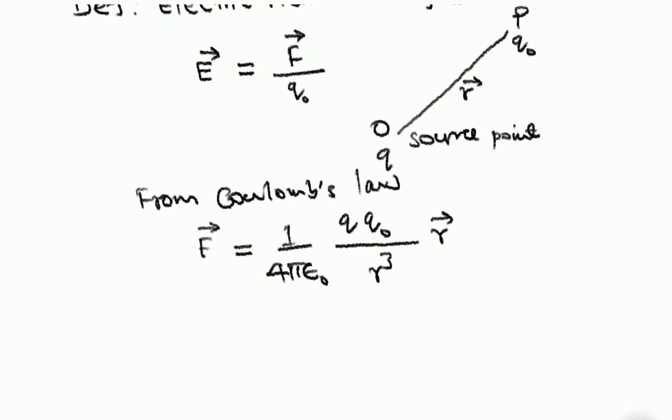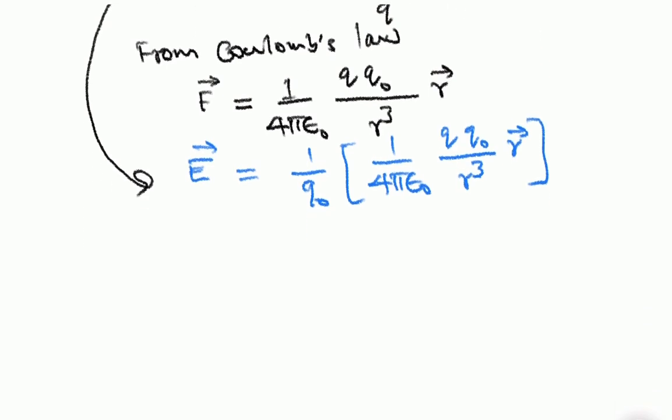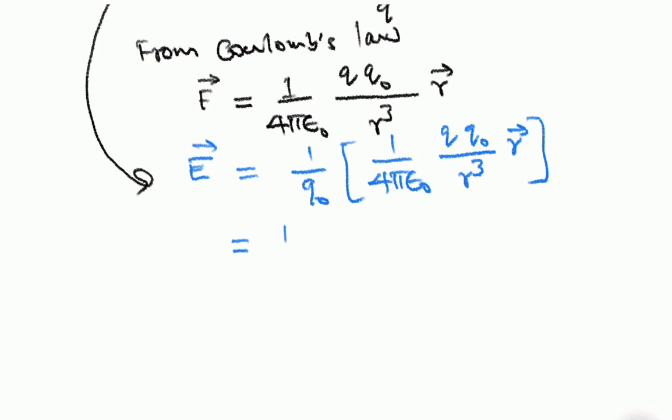Therefore, electric field intensity becomes 1 by q naught into 1 by 4 pi epsilon naught q naught q by r square into vector r, which is equal to 1 by 4 pi epsilon naught q by r square into vector r.